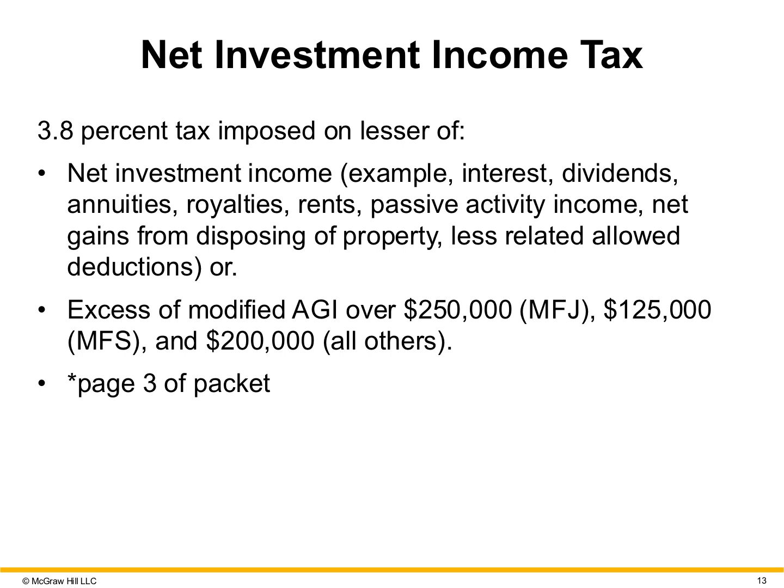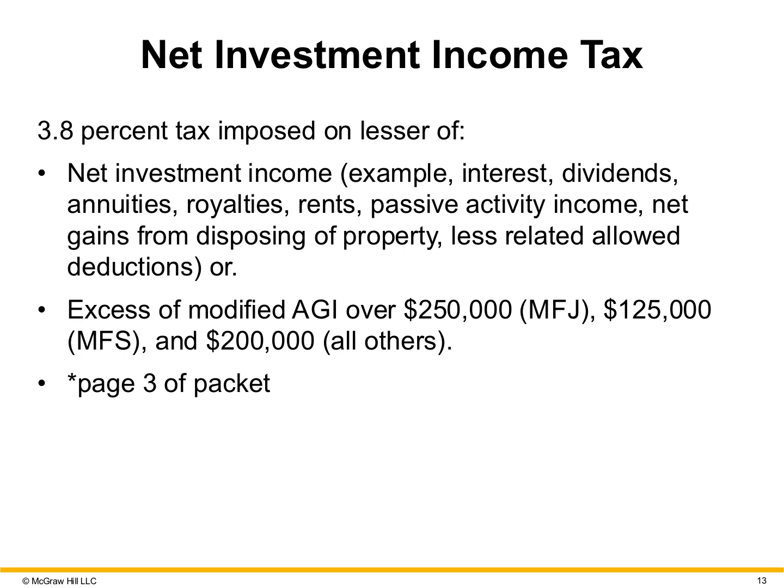This tax requires high income taxpayers to pay a 3.8% tax on the lesser of net investment income or the excess of modified AGI over the threshold based on their filing status.